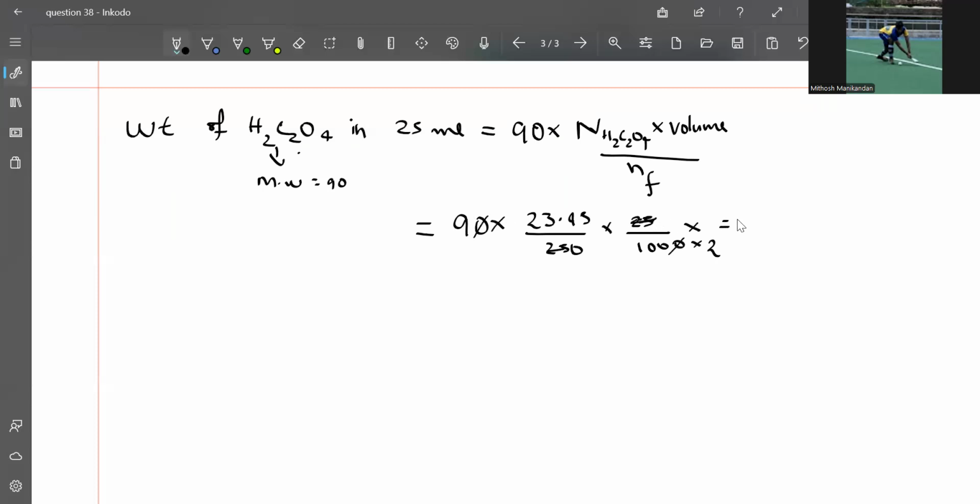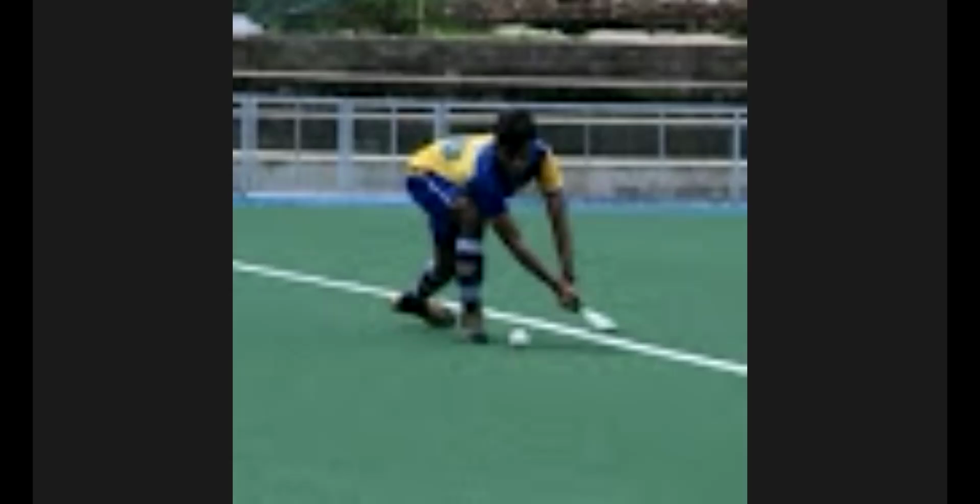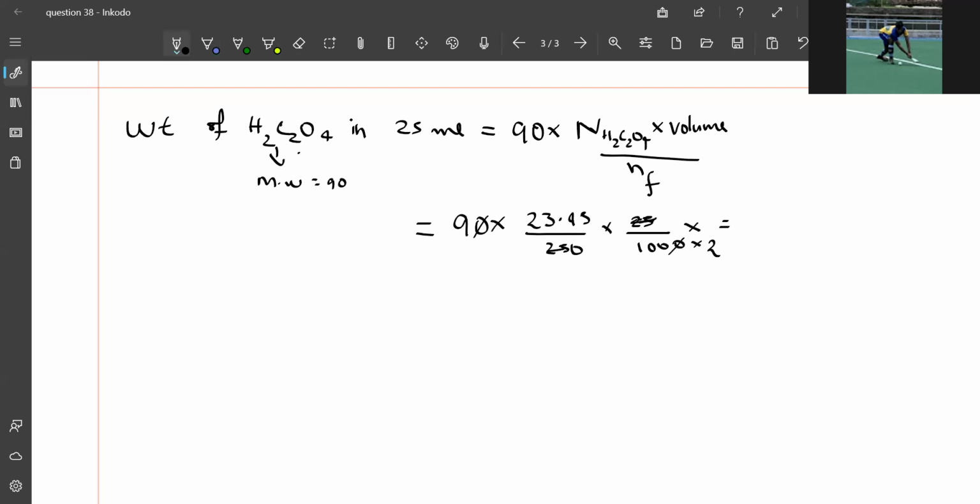So you have 9 multiplied by 23.45, divided by 2, divided by 100.